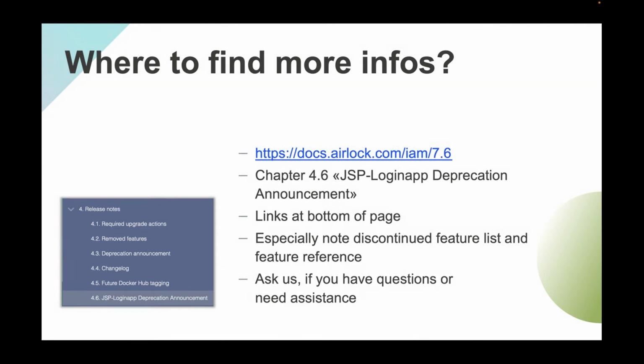It's within the release notes as shown on the left, and there you will find all the information, also this schedule, and links to the list of features that we are no longer supporting in the new Loginapp. There's also a feature reference showing for every JSP-Loginapp feature when it will be migrated or when it has been migrated, and some hints on how it can be used. So I think this is especially important to note.